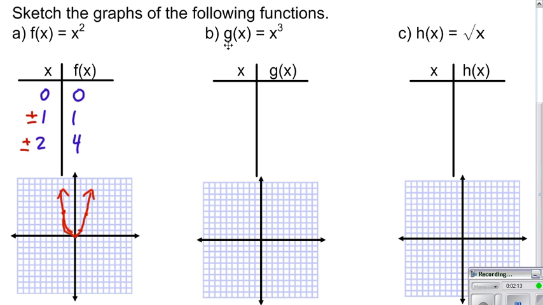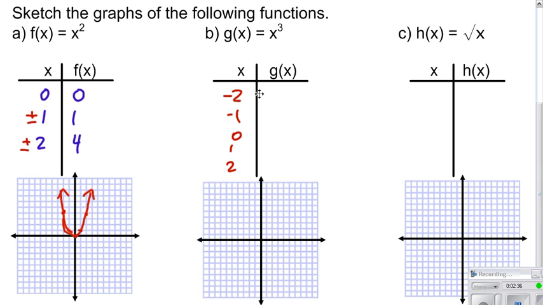For example B, g(x) = x cubed. Pick some points like negative 2, negative 1, 0, 1, and 2. We can plug in negative 2.